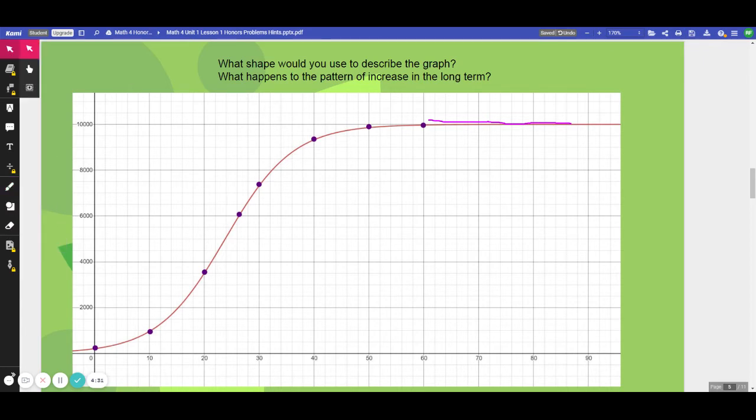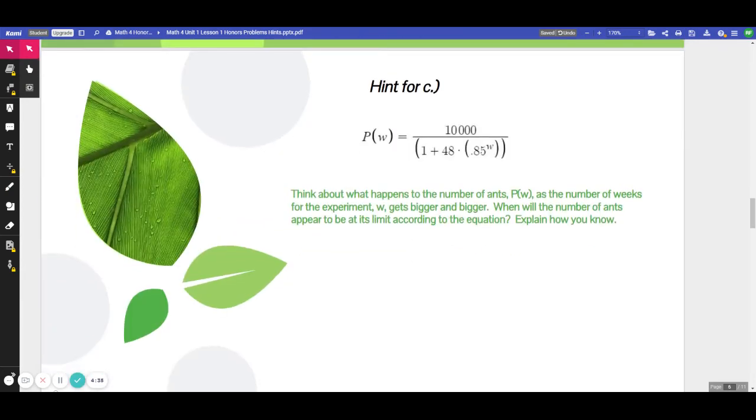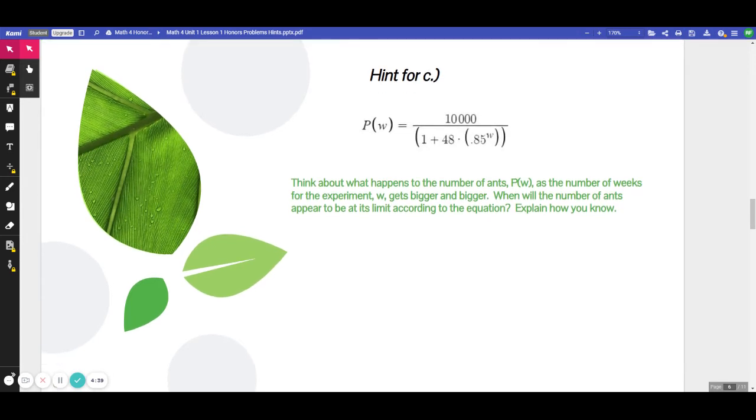So now thinking, how could you, just looking at the equation, think about what that upper limit would be as the number of weeks gets bigger and bigger? And when will the number of ants appear at its limit according to the equation?